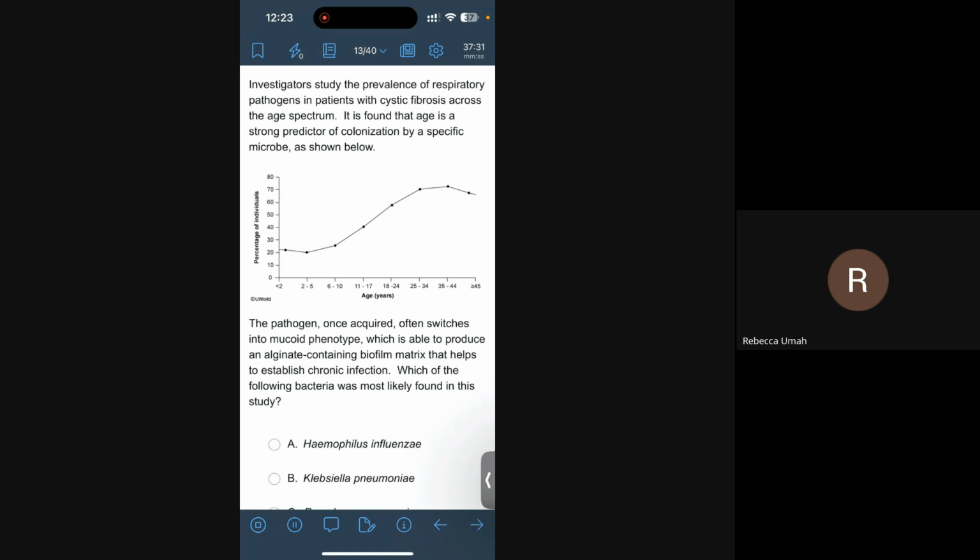The graph shows respiratory pathogens in cystic fibrosis across the age of the patient.